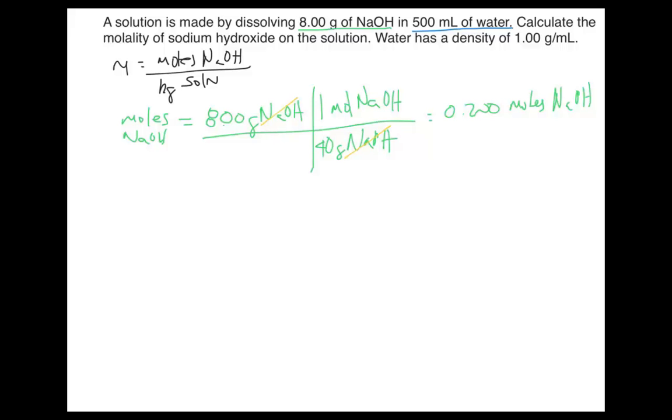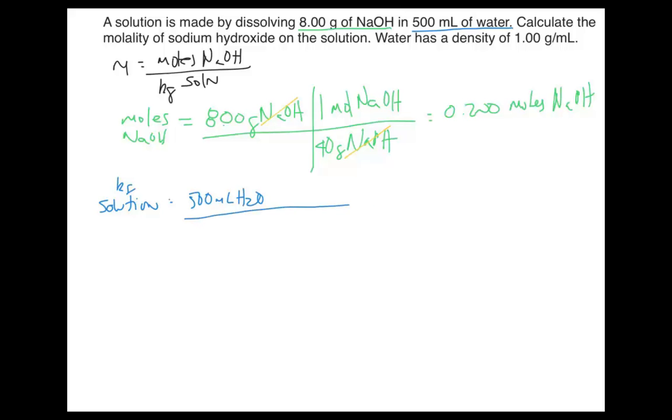Now we need to calculate the kilograms of the solution. What we have first is 500 milliliters of H2O. So we have a volume unit here that we need to change to a mass unit because we want to calculate the kilogram.